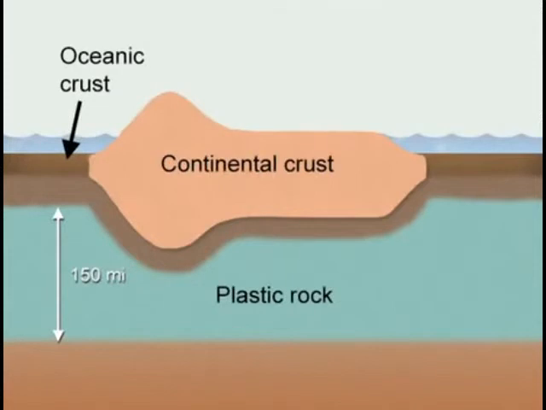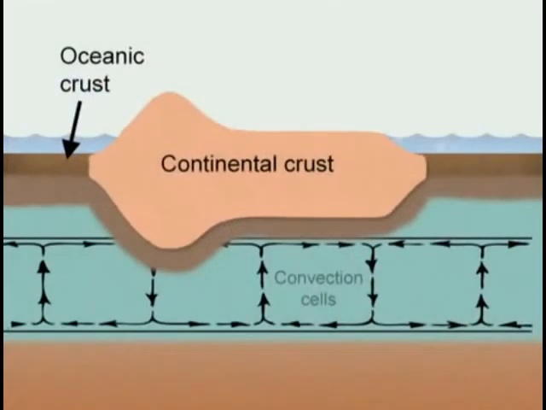It was different from the rocks above and below in that these rocks were plastic. Now, what plastic means, remember, is that it's a solid, there's no doubt, these are rocks, but they act like liquids. What liquids do that solid rocks don't is they flow. So here's that layer where all the convection cells are.